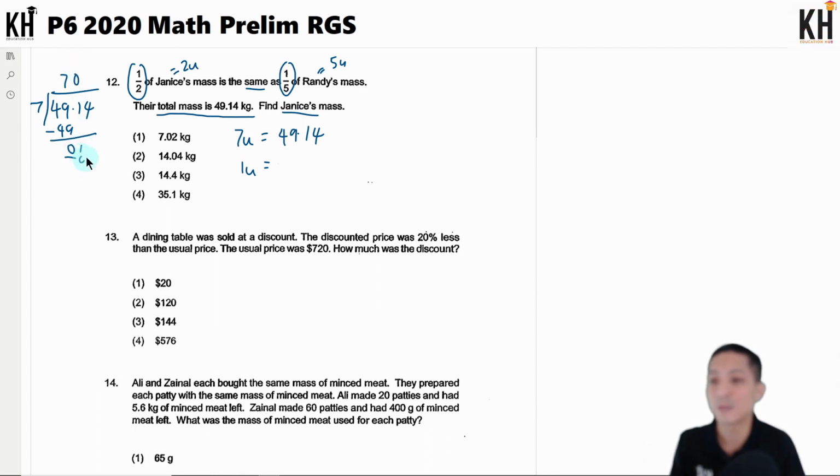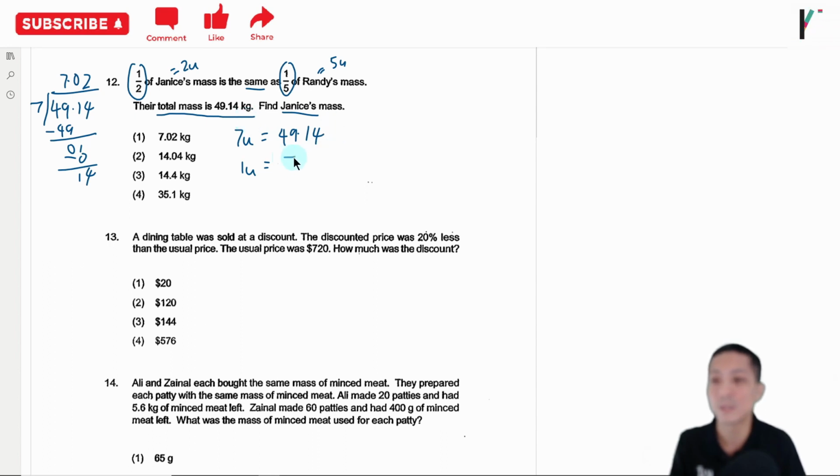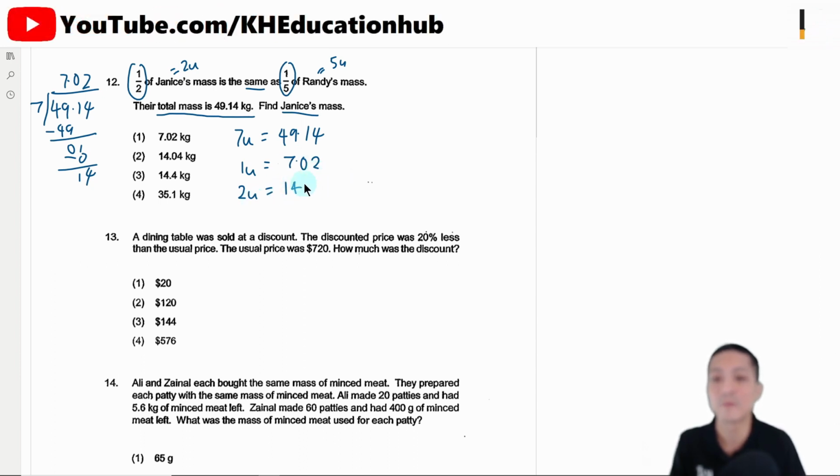Remember to add in the 0. 14, 2. The decimal will be here. The answer will be 7.02. Now I'm going to proceed to find 2 units, so you multiply by 2. It will be 14.04. So the answer will be number 2.